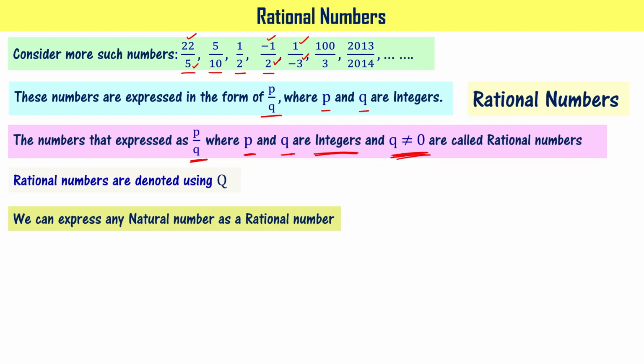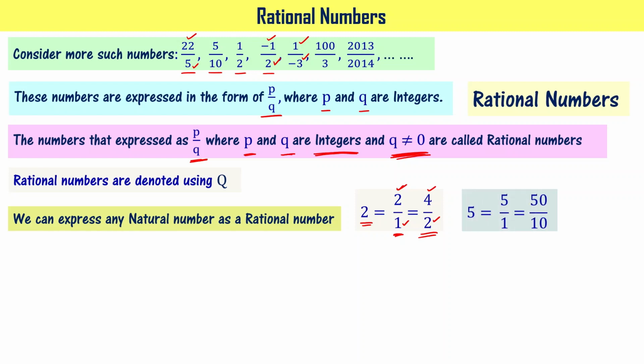We can express any natural number as a rational number. For example, 2 is a natural number, right? It can be written as 2 by 1. Now, 2 is an integer and 1 is an integer. For that reason, 2 by 1 is a rational number, right? And we can also write 2 as 4 by 2, right? 4 is an integer and 2 is an integer. Their ratio, that's why it is a rational number, right?